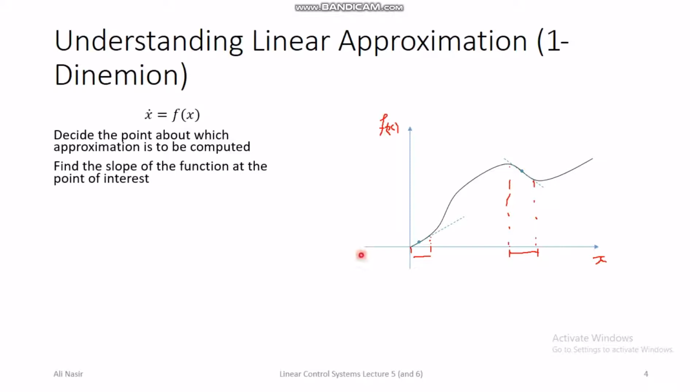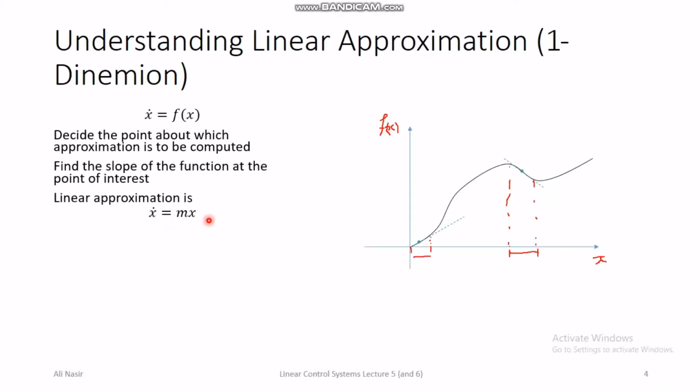In order to have maximum overlap of this line with the nonlinear curve, the technique is to make the slope of this line equal to the slope of f of x, which can be calculated using the derivative of f of x at this point. Then the linear approximation is given by x dot equals m times x. This is the equation of a straight line, except that the dynamics of the state are now a linear function of the state itself.